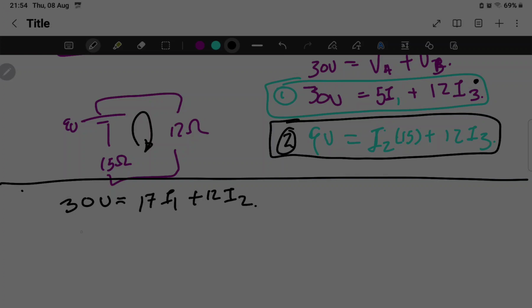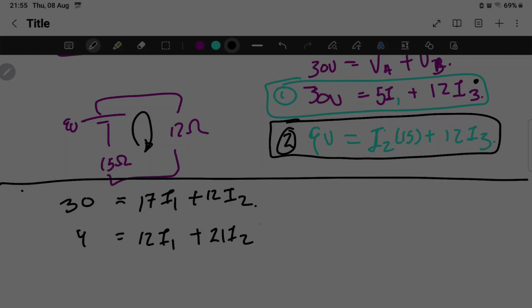And here at the bottom we will have our 9 volts equals 12 I1 plus 21 I2.